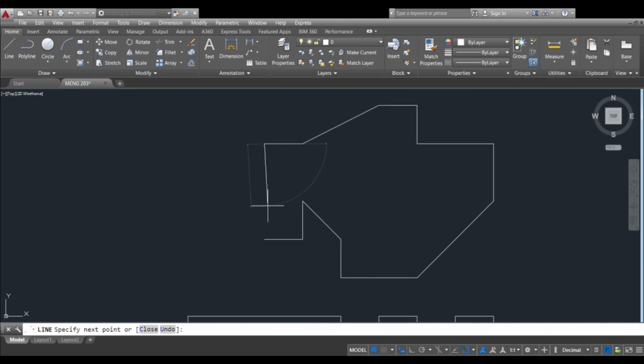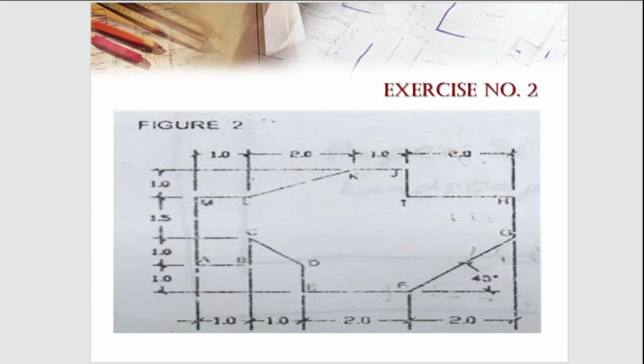So we are going to input this in polar coordinates to see if the figure will be closed. It means that our coordinates are correct. Okay, so let's go back to the figure. So that is 1.5 to 2.5.